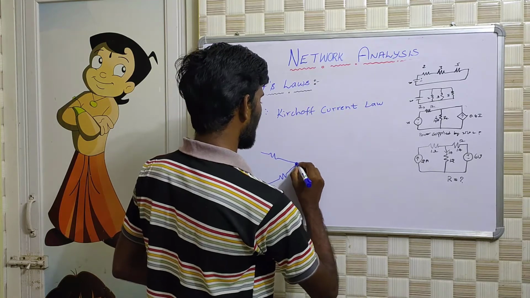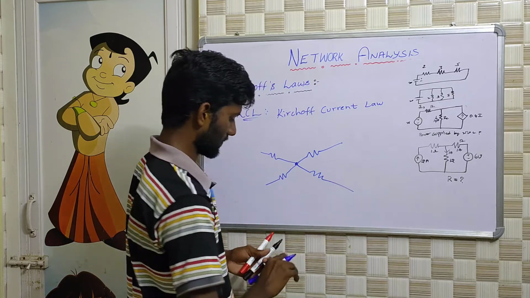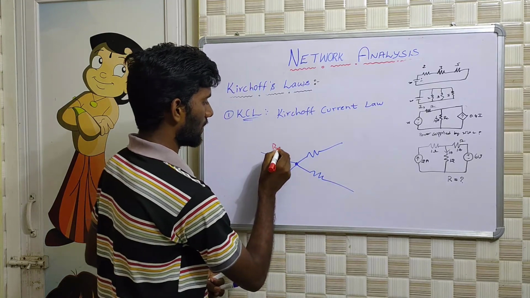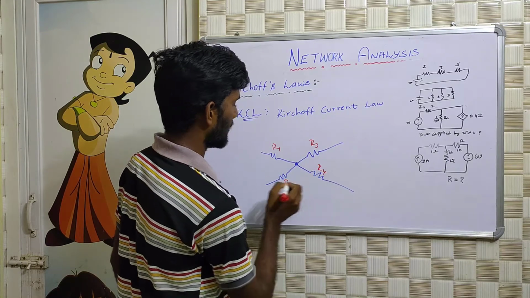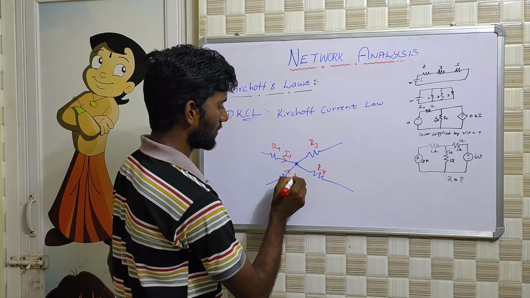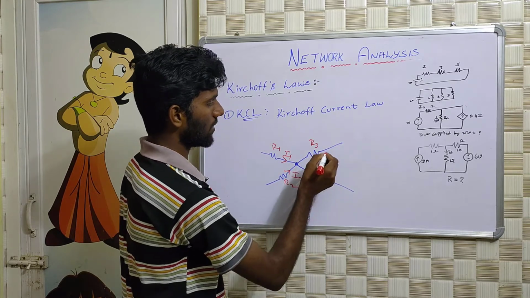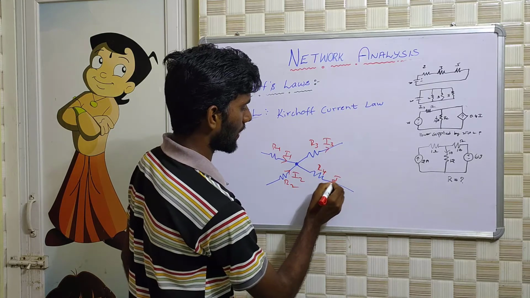This node has 4 branches: R1, R2, R3, R4. Let us consider these two as entering currents I1, I2, and these two as leaving currents I3, I4.